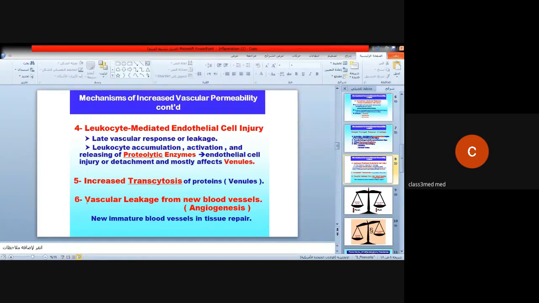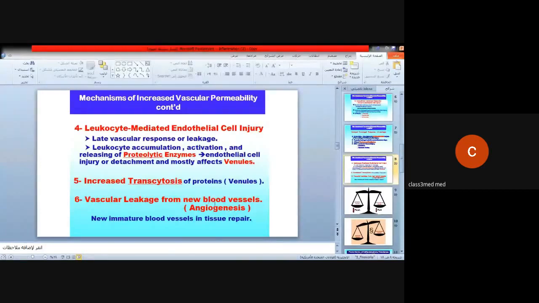The sixth mechanism is vascular leakage from the new blood vessels, which is called angiogenesis. Angio means blood vessel, genesis means formation. During the repair of injured tissue, healing occurs by formation of new blood vessels.